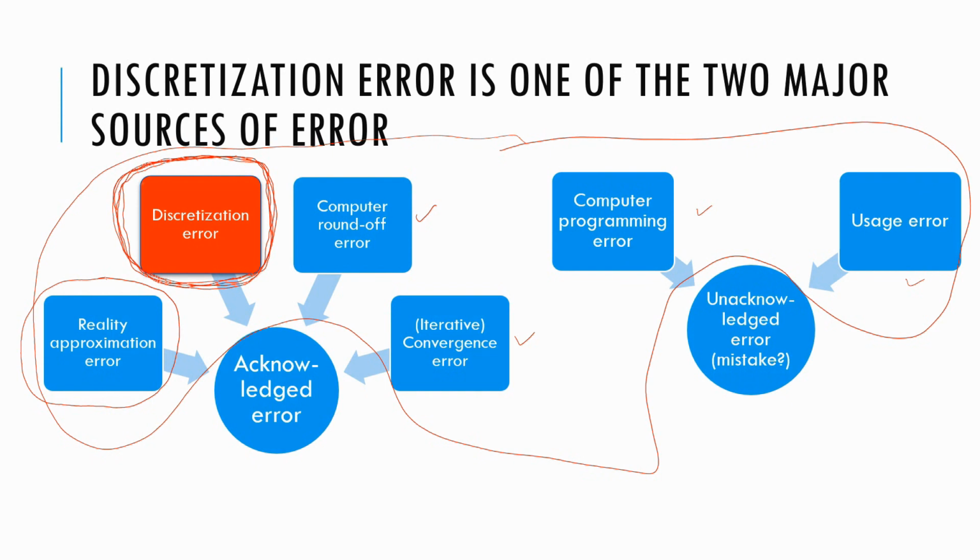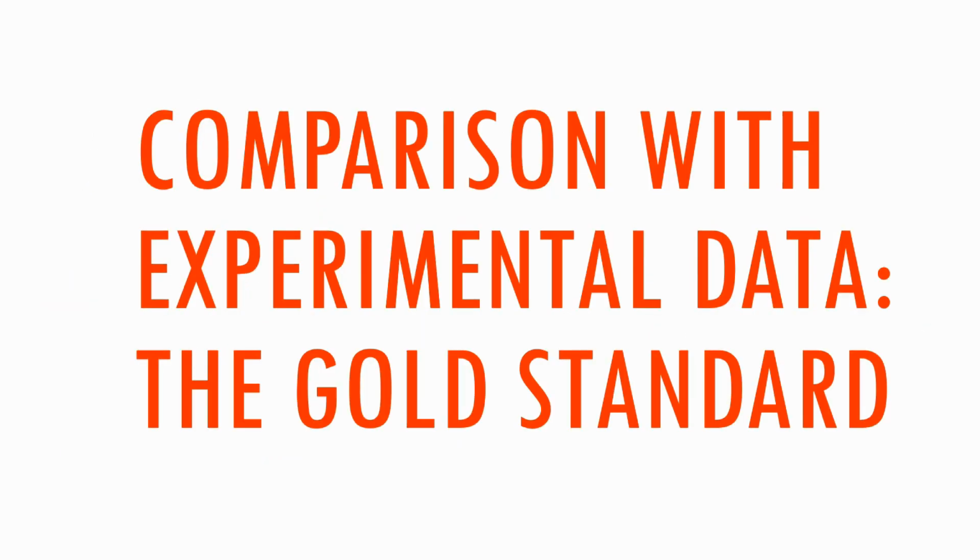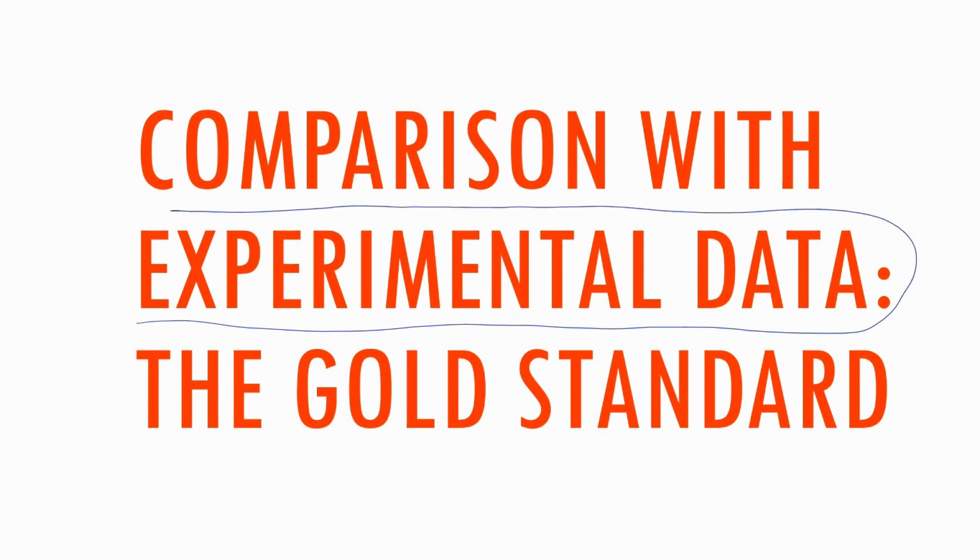But it is hard to compare individual errors in a real-world problem. So we put all of them together and then compare with experiment. So for validation of most real-world problems, the most powerful way is to compare with experimental data. In fact, it is the only way the results are going to be taken seriously.